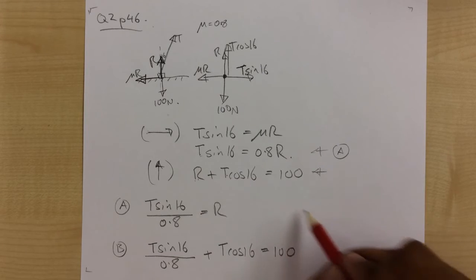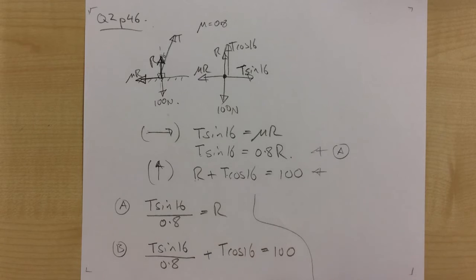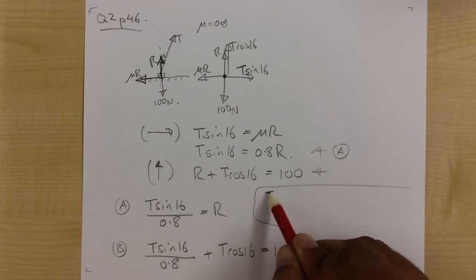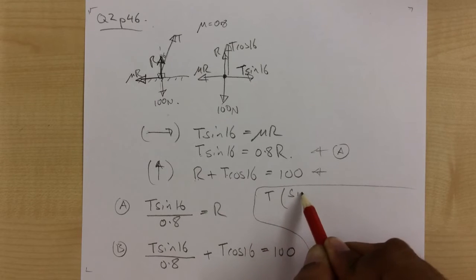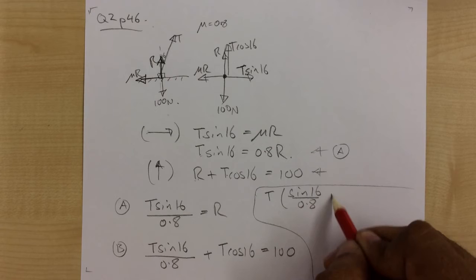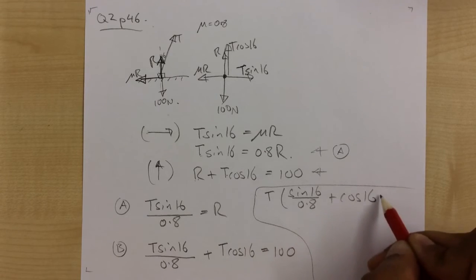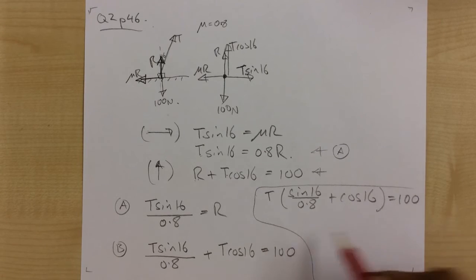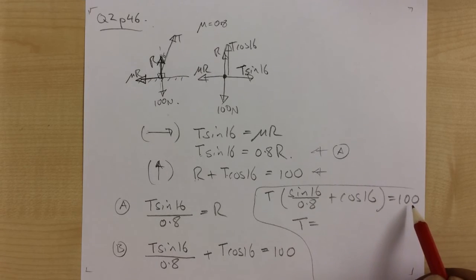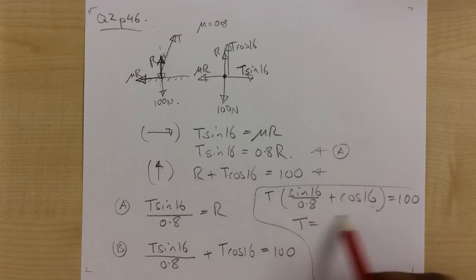I'm going to just run out of space, so I'm going to start here. So T times sine 16 over 0.8, factorizing this, plus cos 16 is equal to 100. T is equal to 100 divided by all of this.